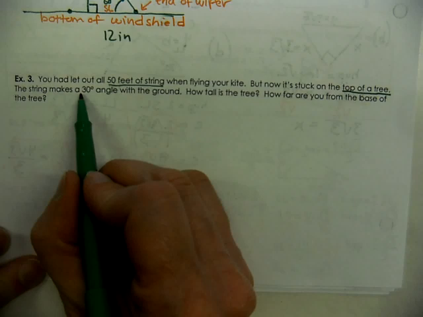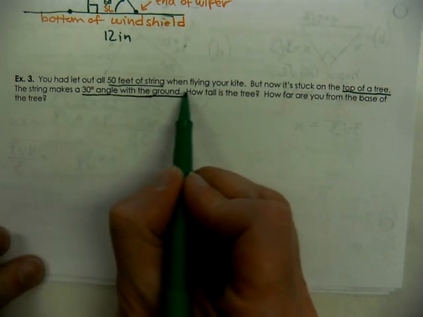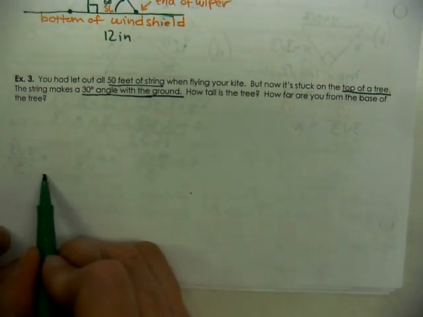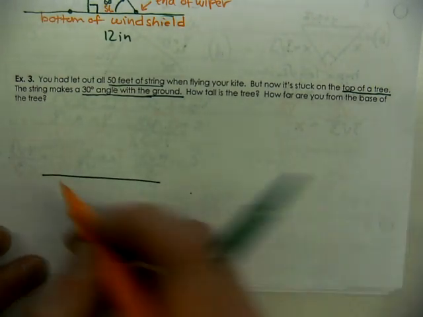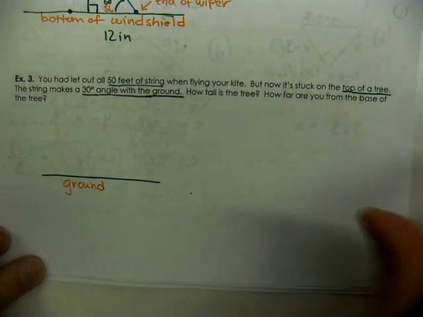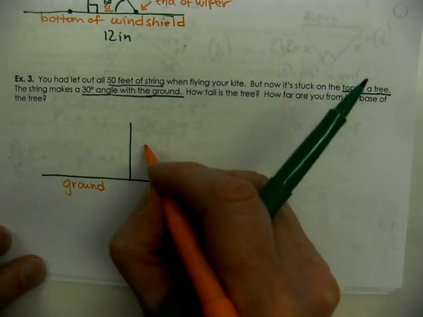The string makes a 30-degree angle with what? With the ground. So we have to label the ground. So here's my ground. Label it. Here's the tree. Label it.